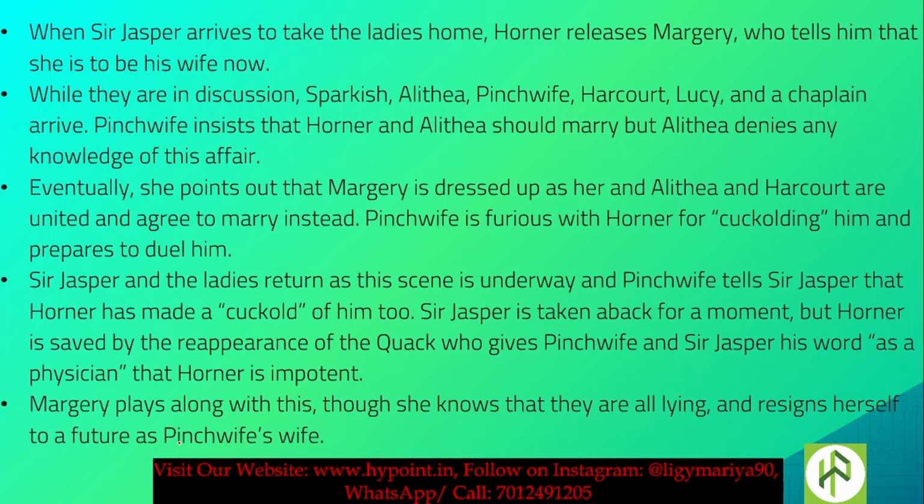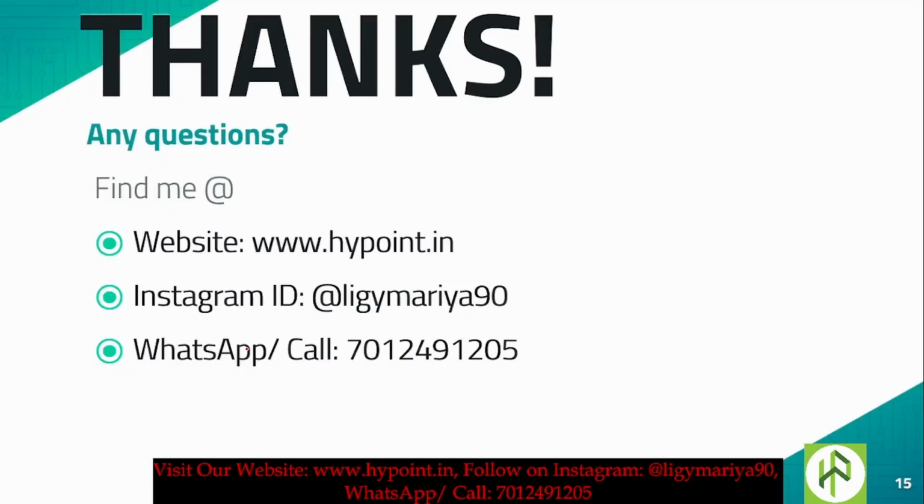Marjorie also pretended that nothing happened between her and Honor, and she also played along that Honor is impotent. So Marjorie knows that all these people are lying. Honor is not actually impotent, and she also resigned herself to a future as Pinchwife's wife. That's how the play ends.